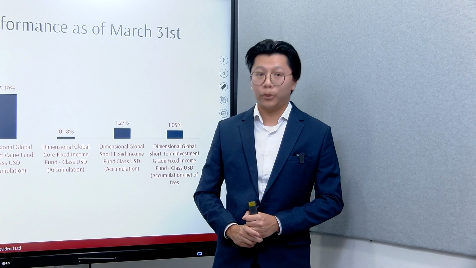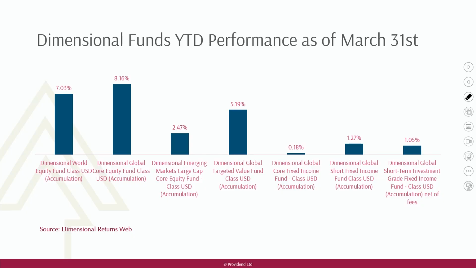Firstly, equity funds. Dimensional World Equity, Global Core Equity, Emerging Market Large Cap Core, and Global Targeted Value all have a very strong performance: 7.7%, 8.2%, 2.5%, and 5.2%.